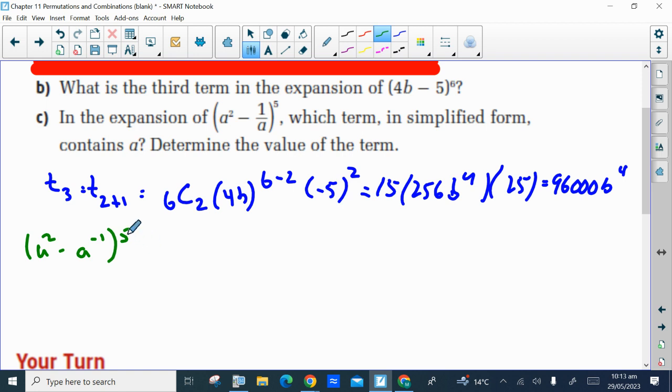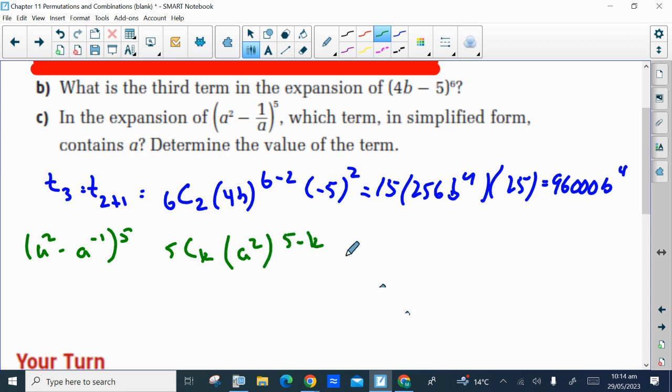So using the general term formula, we know that n is 5. That's the power on the binomial. So 5Ck, the first term, a squared, is raised to the power 5 minus k.